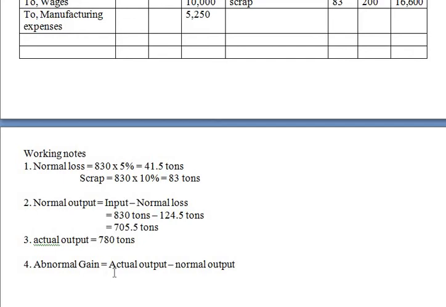Actual output you will get in the problem, that is already mentioned in third note. 780 tons minus normal output. Normal output is 705.5 tons. Okay, that is equal to 74.5 tons. Okay, now there is gain.